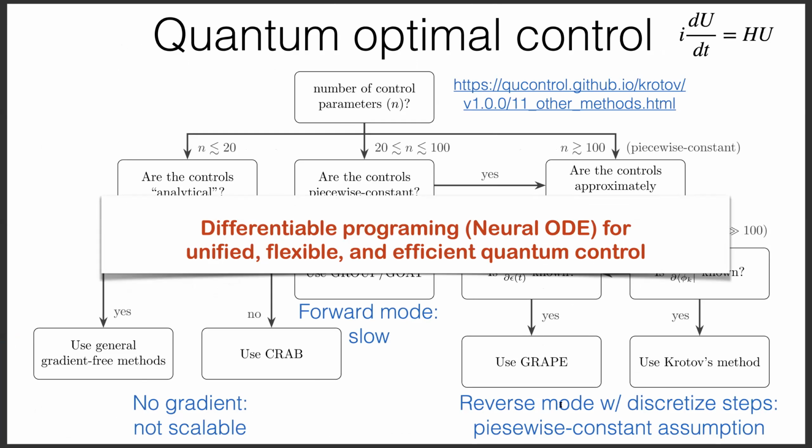So if you unify all those efforts under the umbrella of differentiable programming, neural ODE, I think it's a unified framework to devise flexible and efficient algorithms for quantum control.